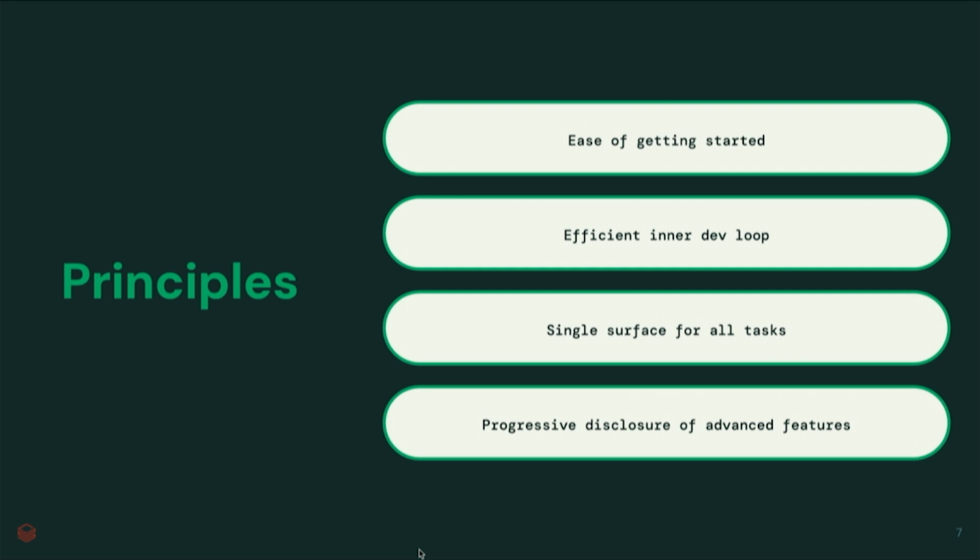They sometimes want more advanced features. Those are provided in the editor as well, in a way so that they don't get in the way when you're just getting started or when you don't need those advanced features yet. Now, in the remaining part of the presentation, we will go through this one by one, and the presentation will be actually demo heavy.